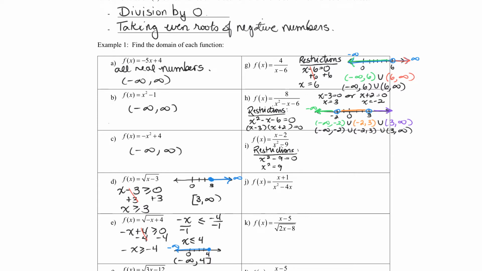And then use my square root property to solve for x equals positive or negative square root of 9, or x equals positive or negative 3. Or you could factor it as the difference of perfect squares as well. The two excluded values on my number line are going to be negative 3 and positive 3.